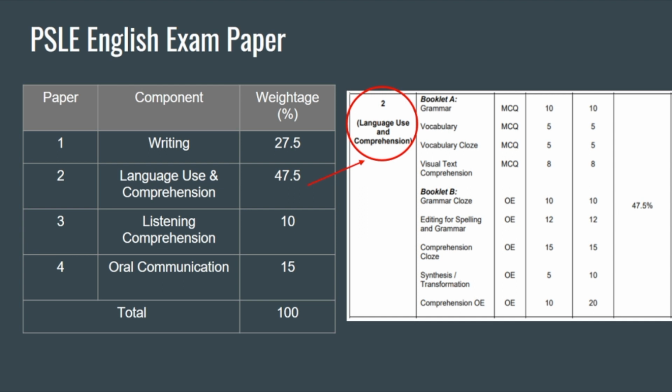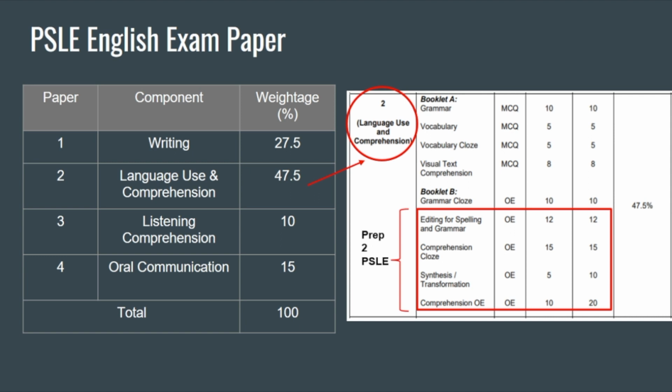While it's nearly impossible to cover all of them, as our lessons are only conducted 1 hour per week, we have specifically chosen these components to be covered: editing, synthesis and transformation, and comprehension open-ended, so reading comprehension.